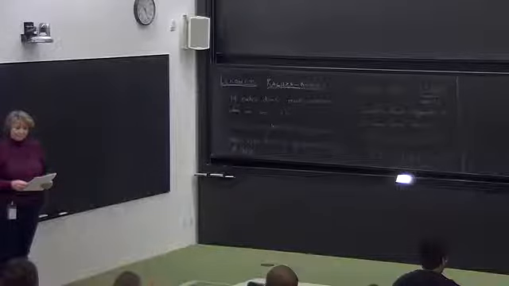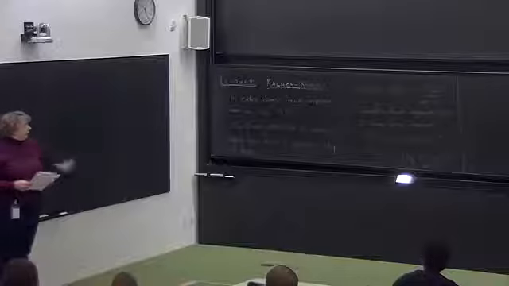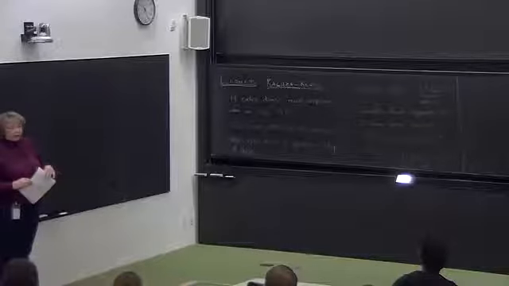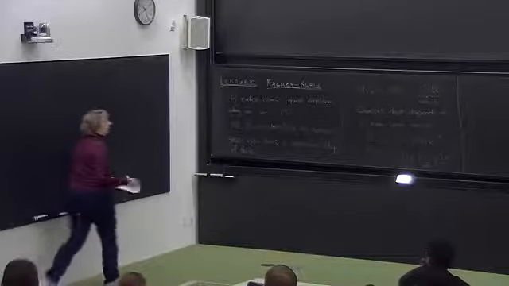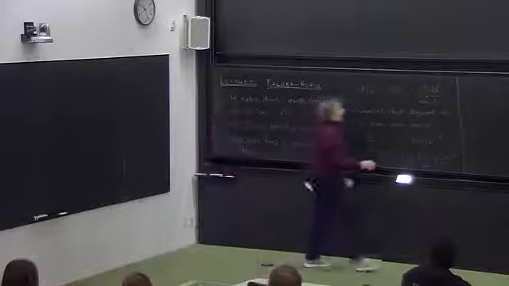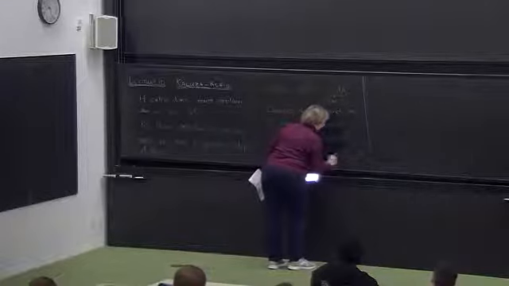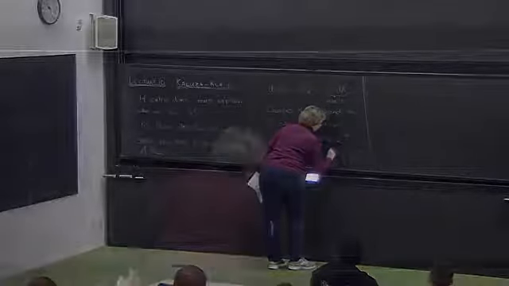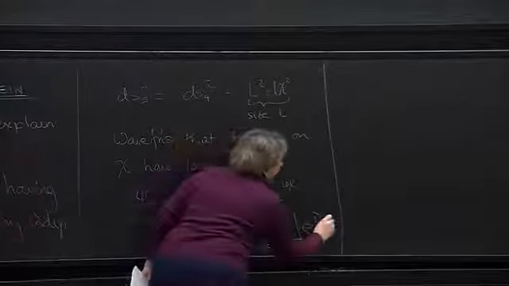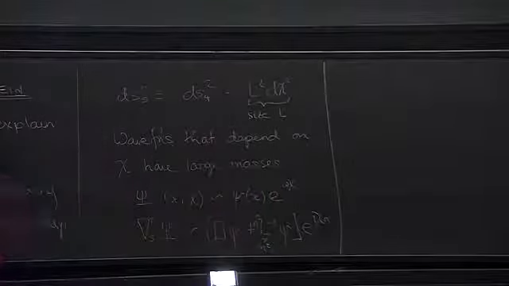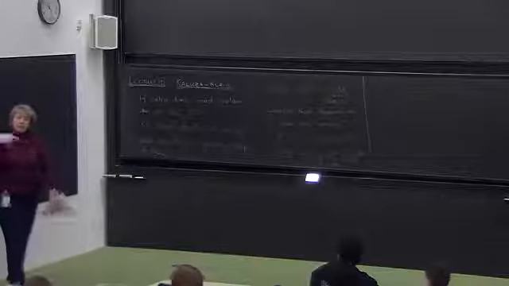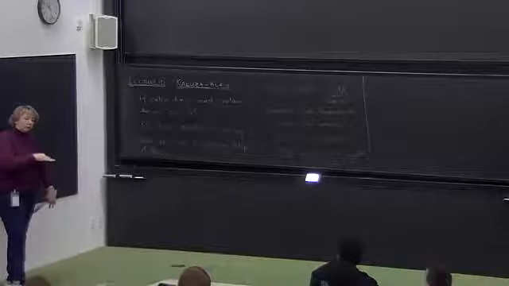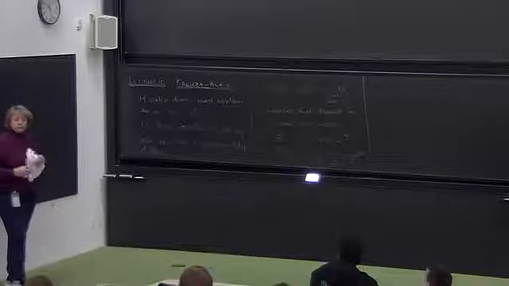Is the exponential normalized by chi over L? Well, no, because I've said chi has periodicity 2 pi. You could have n chi, in which case you'd have n squared over L squared. You get this tower of massive modes, but if L is very small, these modes would have incredibly high mass.